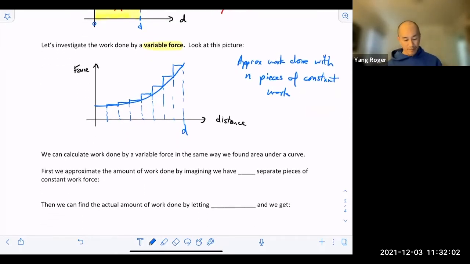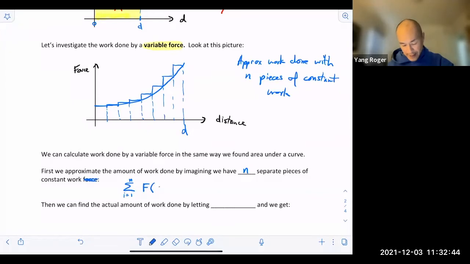And when we approximate the amount of work done by imagining we have n separate pieces of constant work, well, what's that going to look like? We're going to have the sum of n rectangles. We're going to take our force and evaluate it at some unspecified point inside each of these subintervals.